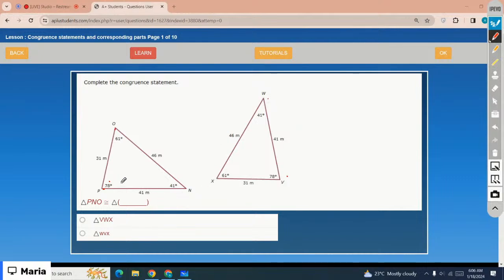The correct option is found by matching the congruent angles. P is 78, V is 78, N is 41, W is 41, O is 61, X is 61. So that means triangle PNO is congruent to VWX. Option number 1 is the correct option, that is triangle VWX.